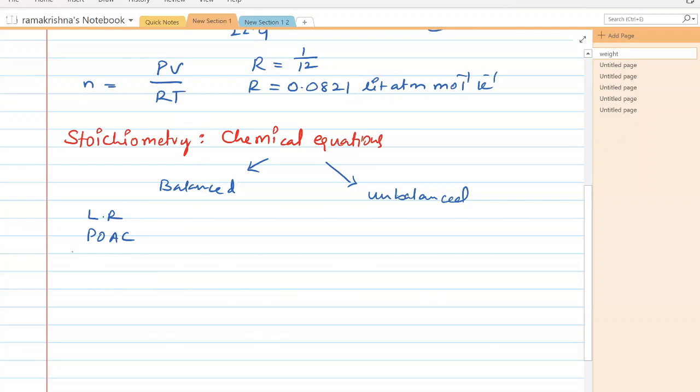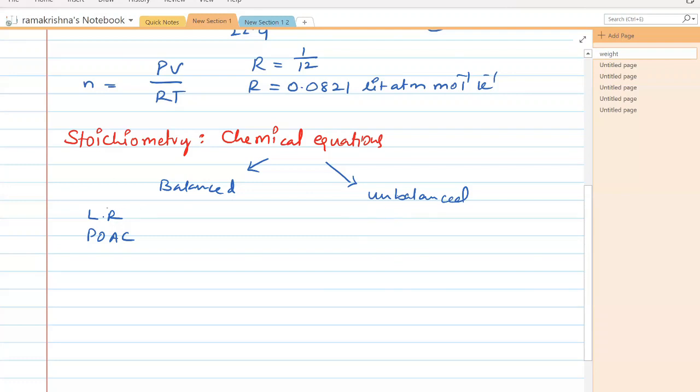And for any reactants and products, there should be the same number of atoms of each and every element on both sides. That is the principle of atomic conservation. No atom is destroyed and no atom is created; just old bonds are broken and new bonds are made. That is a balanced equation. For an unbalanced one, there is no need to follow any of these conditions.